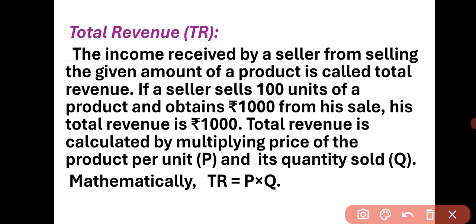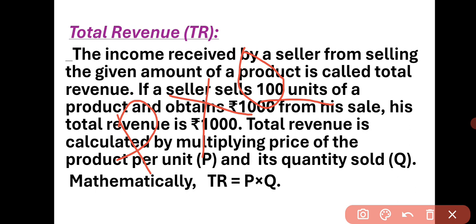So total revenue is calculated by multiplying the price of the product per unit into the quantity. That is how we can calculate the total revenue or the total income of the seller.